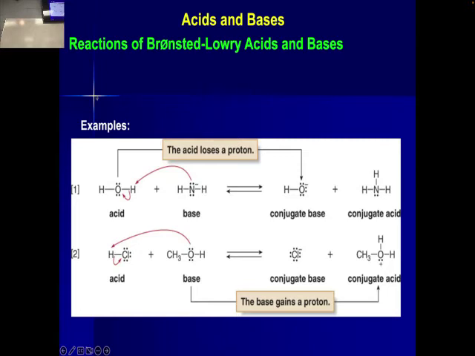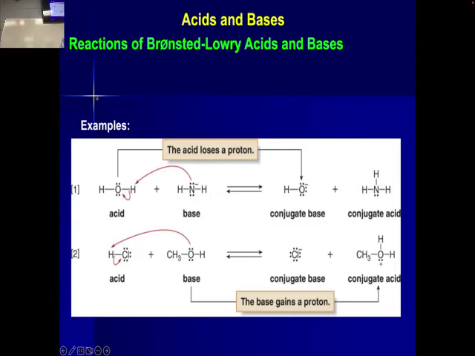Water can be acidic. You can think of it as an acid. And I put it in the presence of a base. This base is NH2 minus. It's a very strong base, by the way. It's called amide, spelled the same as amide, not to try to confuse you, but you pronounce it differently. This is the base. This is the acid.